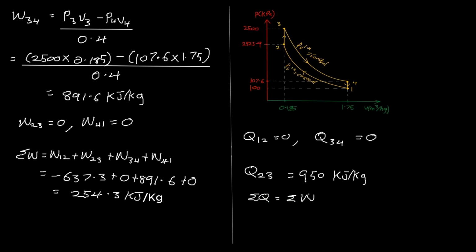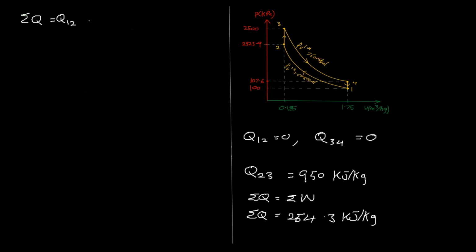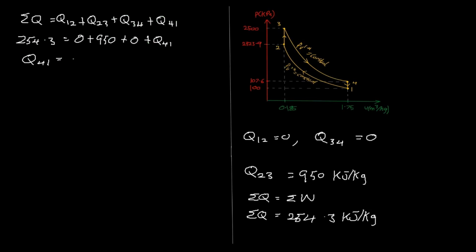So the net heat supplied equals 254.3 kilojoules per kg. And the net heat supplied is equal to Q12 plus Q23 plus Q34 plus Q41. The only unknown here is Q41, and that's what we intend to find. So from this, substituting all our values, we obtain Q41 as minus 695.7 kilojoules per kg.